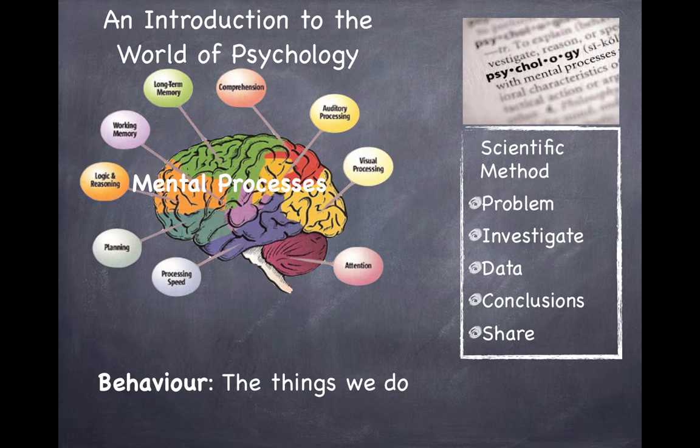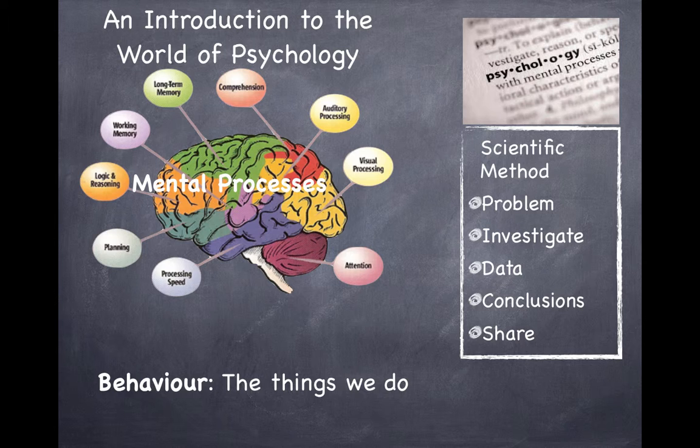When we think about psychology, by definition, psychology is the scientific study of behavior and mental processes. It's a scientific study, and so it has a methodology to it. The method it uses is called the scientific method. It's orderly, systematic, and procedural, and they follow a basic guideline.